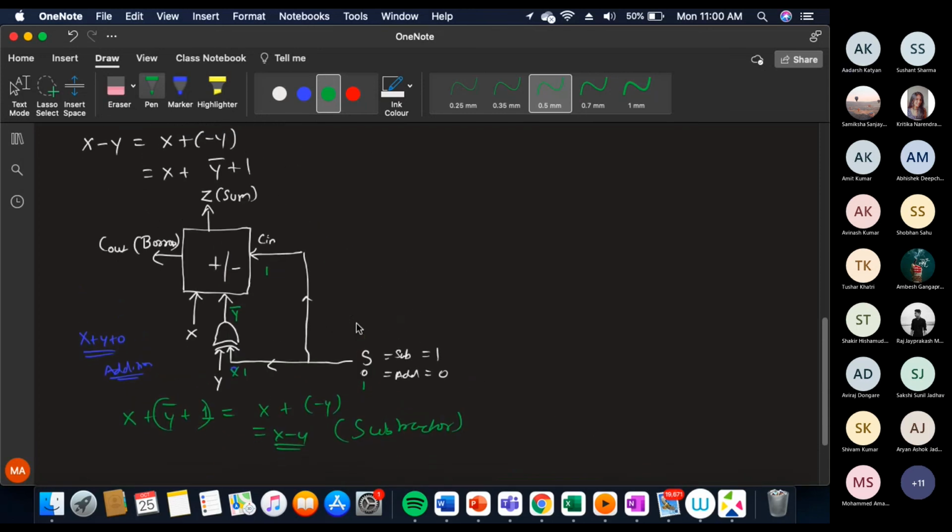So kindly draw this diagram. It is very important. In case it is asked in the exam, the chances of getting this question are comparatively very less. Carry look ahead adder is one of the important questions. The chances of this coming are very low, but it can be asked in your vivas, or you should know how subtraction happens inside a computer. Because if we had built a separate circuit, the cost of that circuit would have been different.